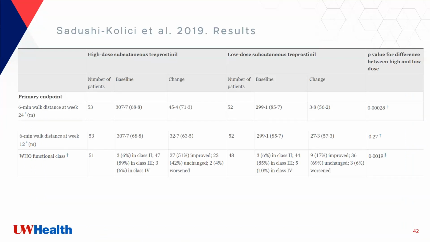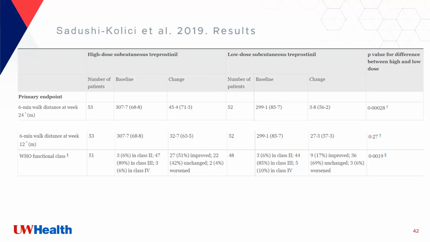However, for patients who were using either high or low dose, the 6-minute walk distance was not that different between the two. A change of 27 was noted in low-dose subcutaneous treprostinil, and a change of 32 was noted in high-dose subcutaneous treprostinil.